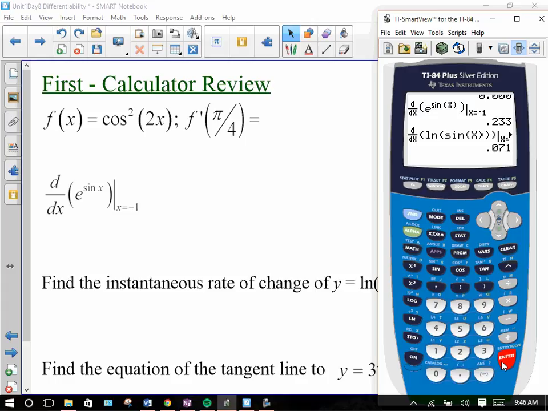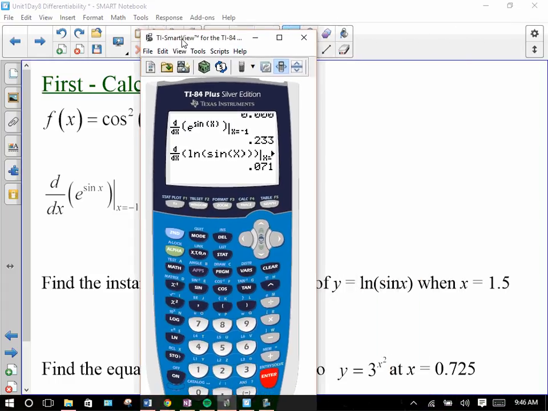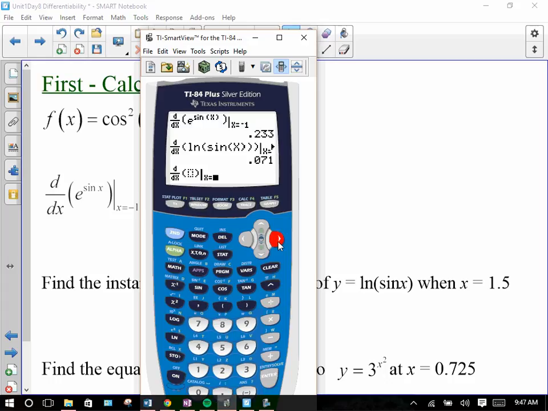To be on the safe side, and then you have math 8 evaluated x. So you have 3 to the x squared power. We're evaluating this at 0.725.